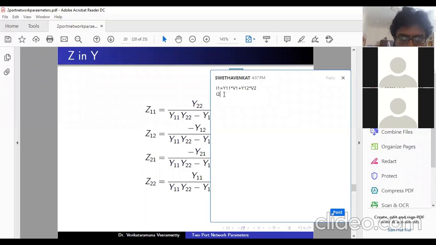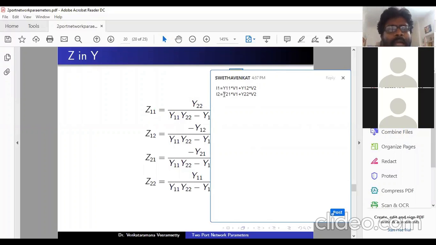Similarly, I2 equals Y21 into V1 plus Y22 into V2. Is it okay? These two equations we already discussed when we learned about the Y parameter calculations. These are the two basic equations which we generally use to calculate the Y parameters.